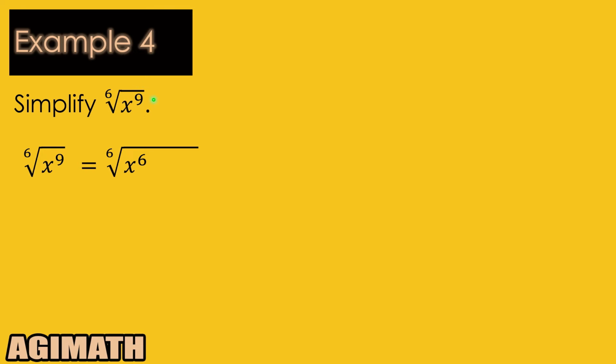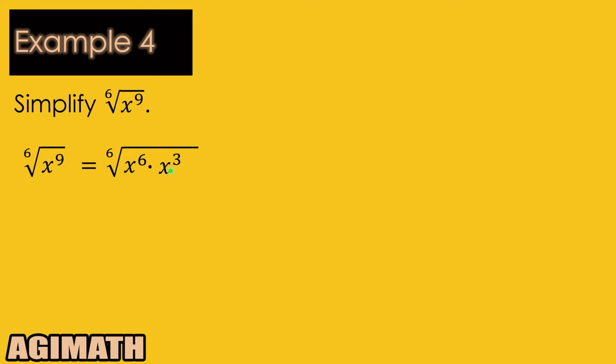But in this case, because this is just 9, we factor such that the exponent of the x should be equal to the index. So that's the pattern. The exponent of the variable should be equal to the index. And then the remaining is x cubed, because 6 plus 3 is equal to 9.